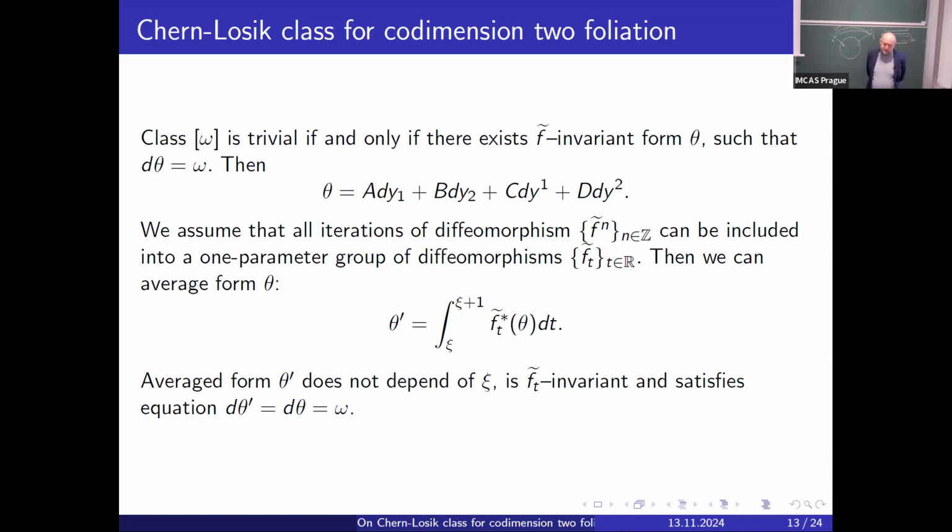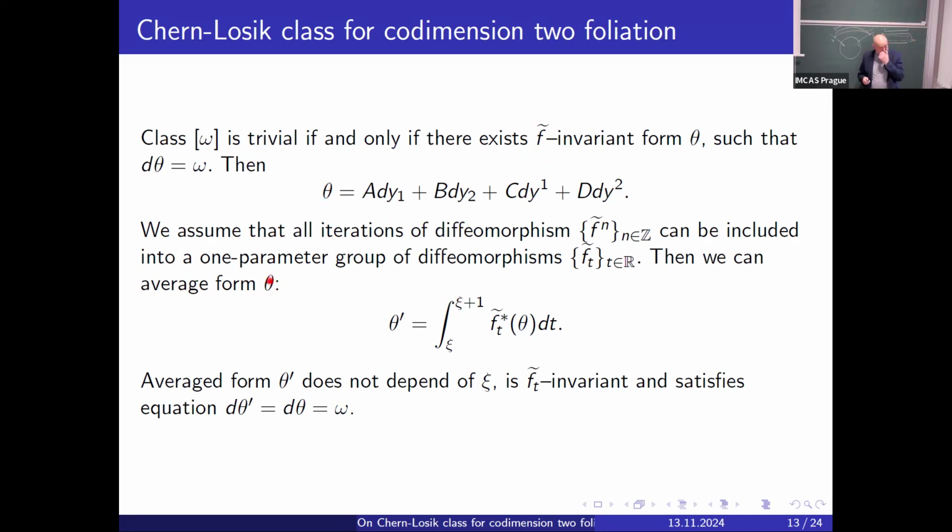And first of all, what means that class is trivial? So omega is trivial if and only if we can integrate this class, so we can find some form theta such that d theta equal omega. Theta is a one form, and what is important is that theta should be invariant with respect to f tilde.